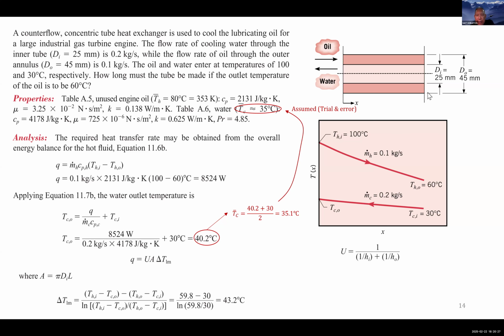If you look at the problem itself, heat is going to be transferred from the hot oil to the cold water. It has to pass through the tube.